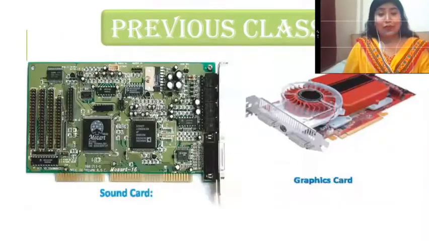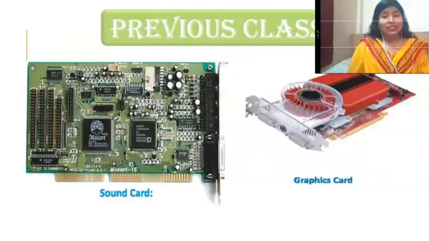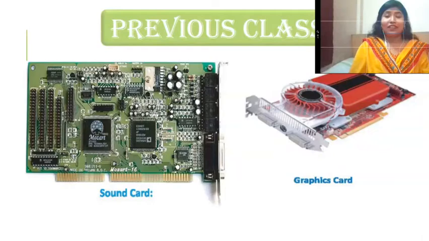And my dear students, not only the oriented devices, we have learned other most important things. These are sound card and graphics card. In the left side picture, you can see the sound card. And in the right side picture, you can see the graphics card.